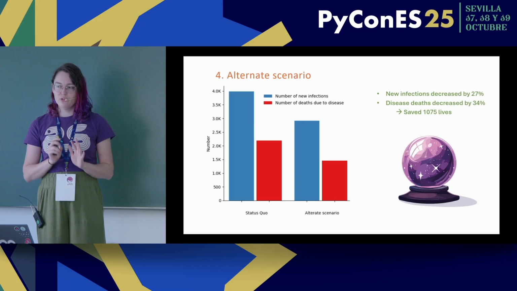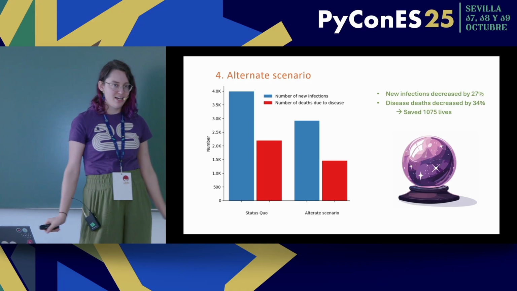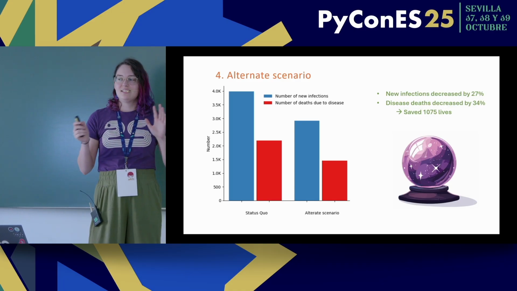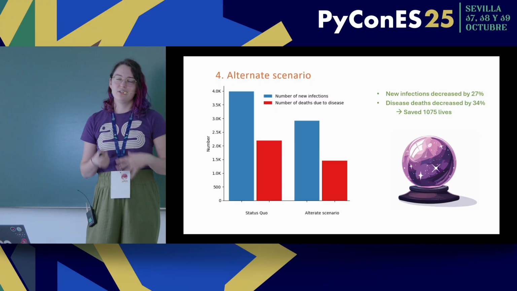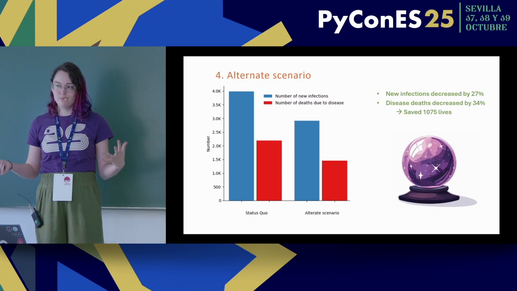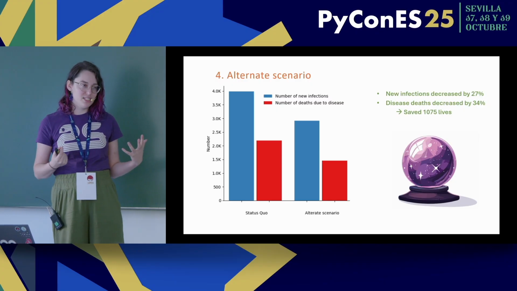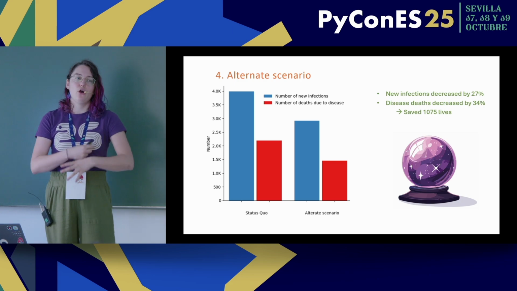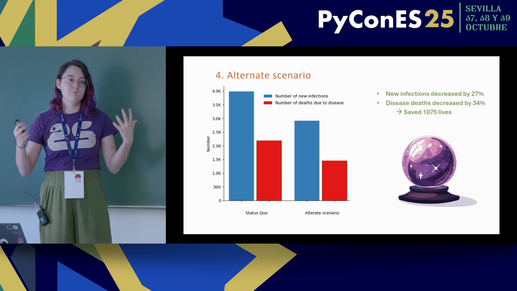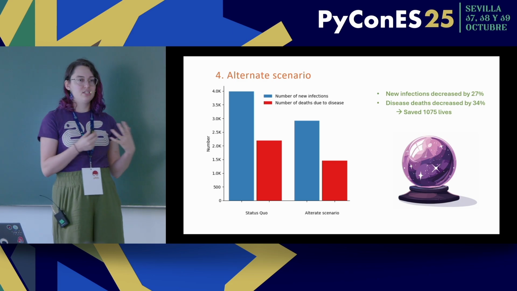However, I do want to introduce a quick caveat. This isn't a magical crystal ball that's going to tell you what happens in the future. That's not the purpose of this. The purpose is to show the overall dynamics that are likely to play out under different conditions.